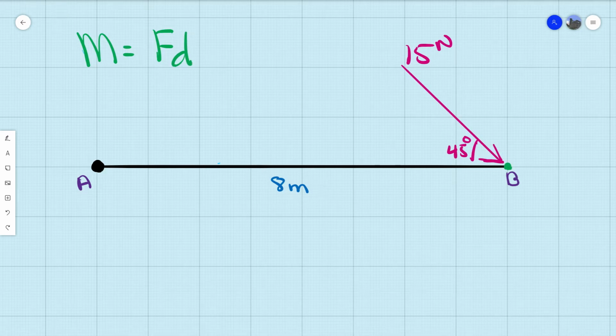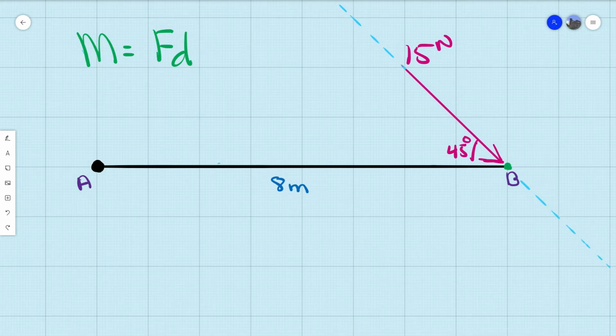we still use this formula. The thing that we need to look out for, though, is this D, this distance. Whenever you're calculating a moment, you want the distance perpendicular to the line of action of the force. And the line of action of a force is its trajectory or path for infinity in both directions.